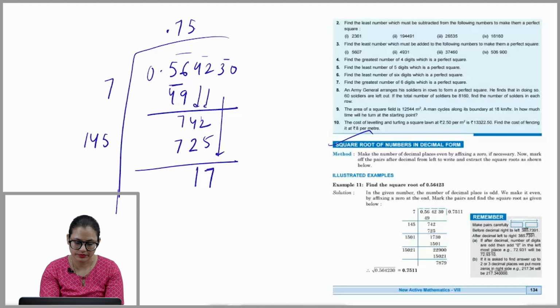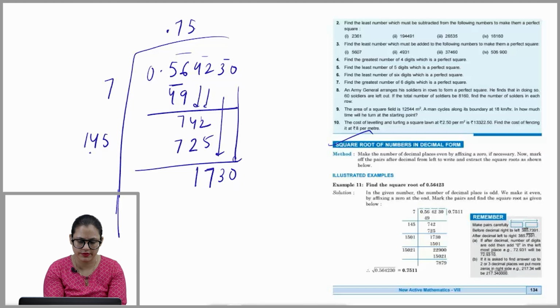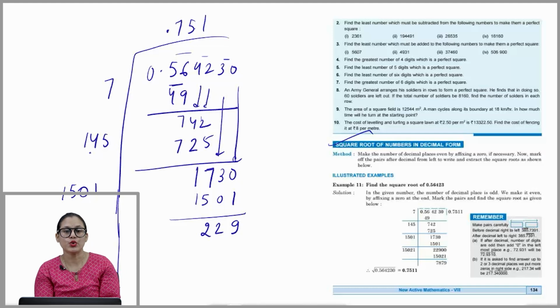Now we will bring down 30. 145 plus 5 is 150, then 1, 1501.